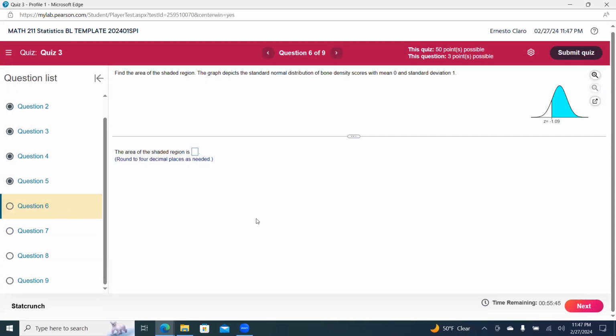The area of the shaded is negative 1.09 to infinity. So second vars, normal CDF. The low is negative 1.09. The high is infinity. It says z-scores, comma 0, comma 1. 0.8621.